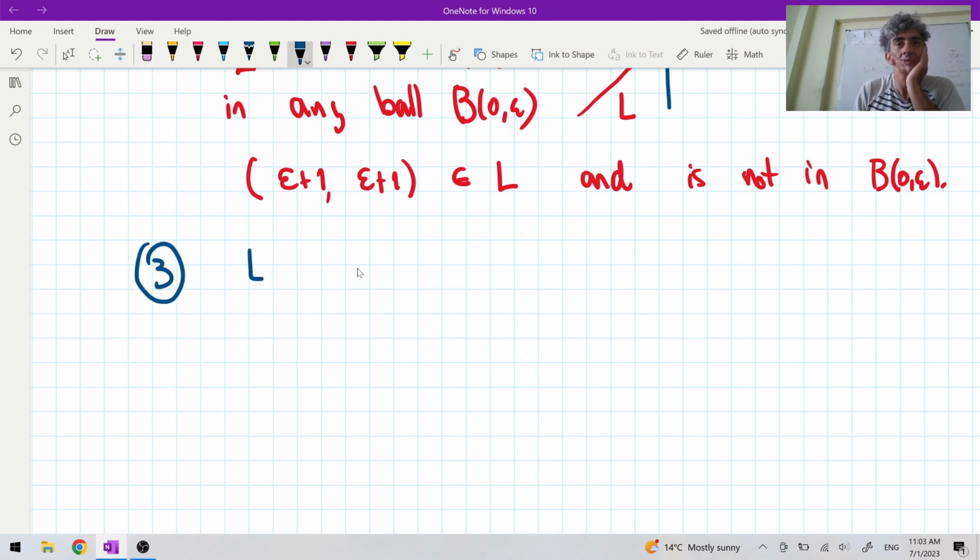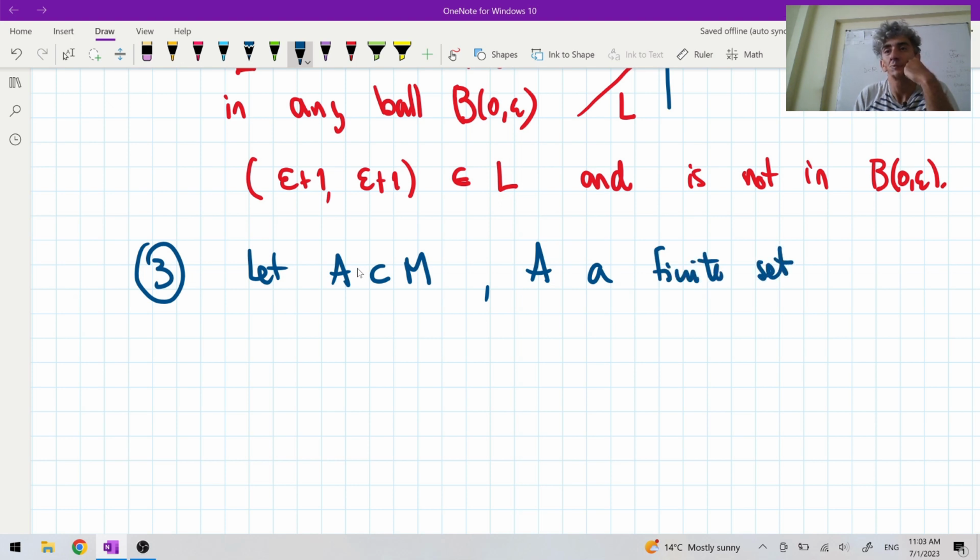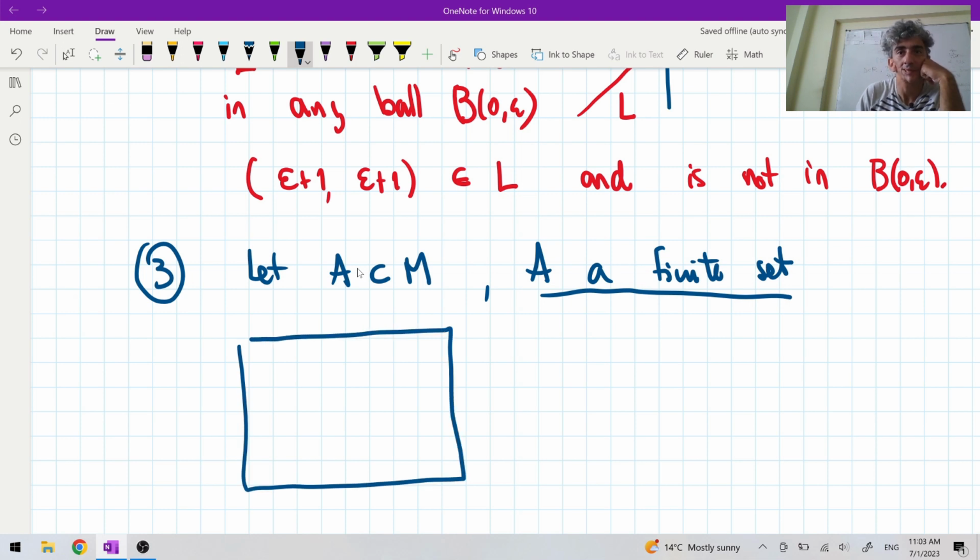Let A be a subset of M, a finite set. So imagine that this is your ambient space and you have your set A, which consists of A1, A2, A3, and A4.